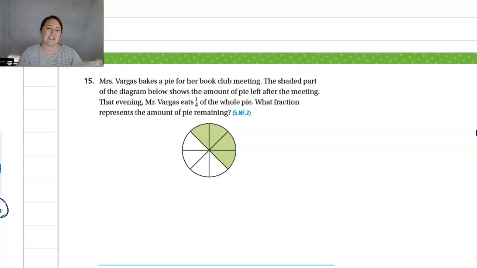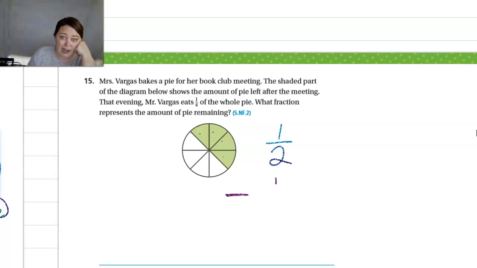So really what they're trying to get you to do is, what's this fraction? This shaded part is 4 out of 8, or I have half a pie. Mr. Vargas eats or takes away 1/4. That's what they're trying to do.